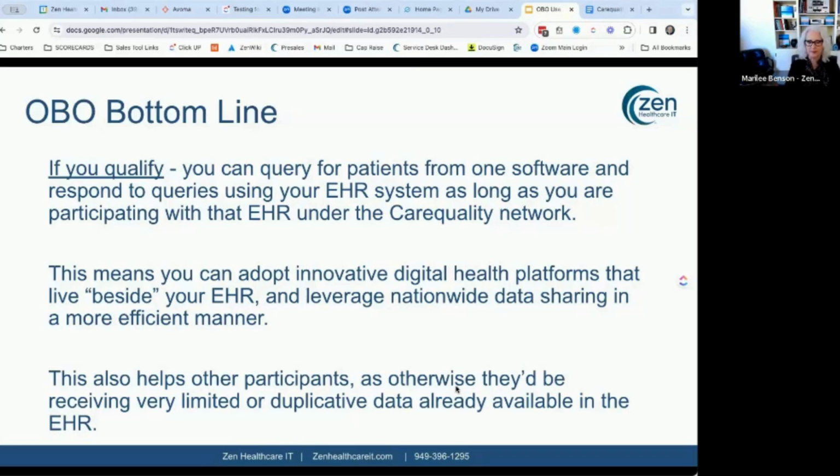And I think one piece that we often don't talk about, but also is really important to remember, is that this OBO use case also helps everyone on the network, all the participants.